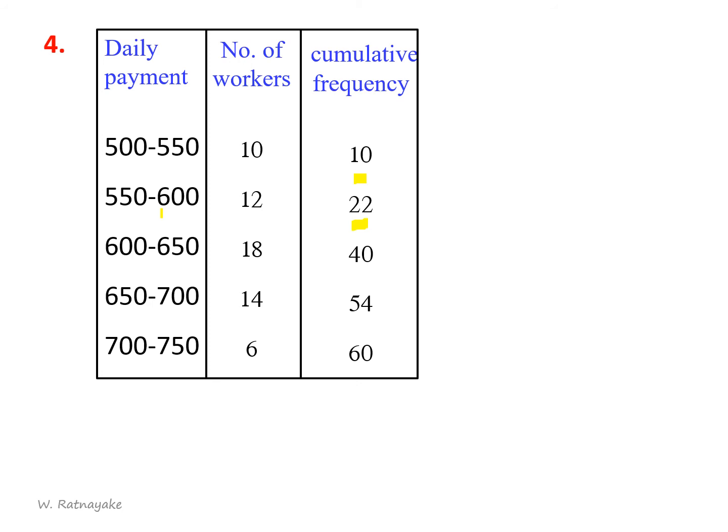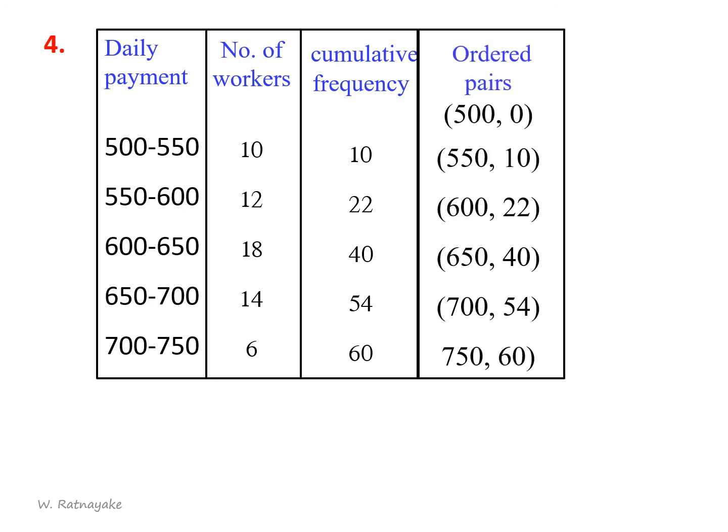So easily we can form ordered pairs to show the relation between these class intervals and the cumulative frequency. This 10 is connected with 550, therefore the ordered pair is (550, 10). The ordered pair related to the second one is (600, 22). Likewise, we can make the other ordered pairs.